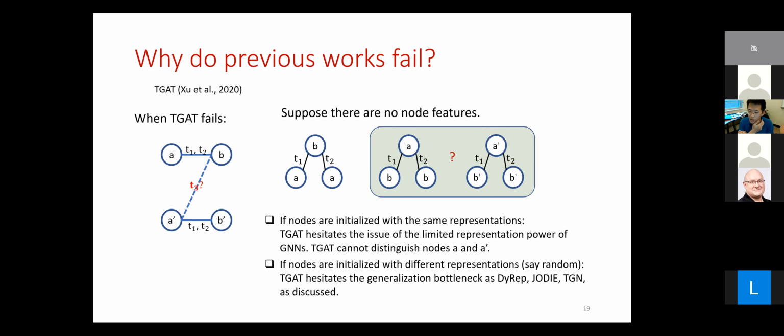And suppose we set the nodes with different node features or representations, then the model reduces to the previous TGN type of model. If we distinguish them with node features, they may have an inductive issue.